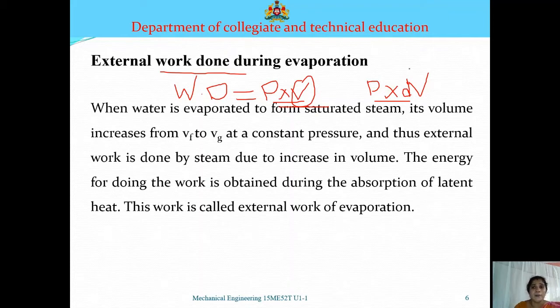Since the change in volume for the sensible heat and the superheated steam is very small, we are going to neglect the Vf portion. Understood? So how can I express the external work done during evaporation? As we know, as the temperature increases, there will be an increase in the volume. This increase in the volume makes some useful work done.